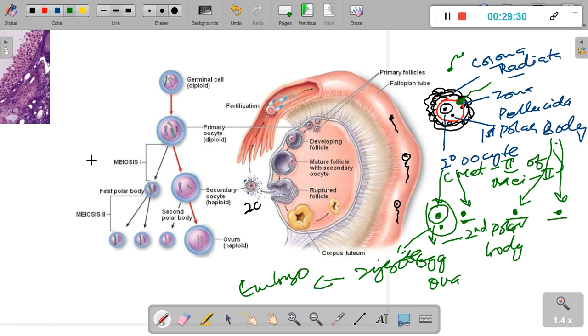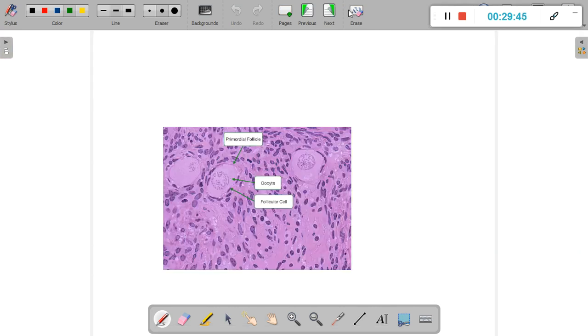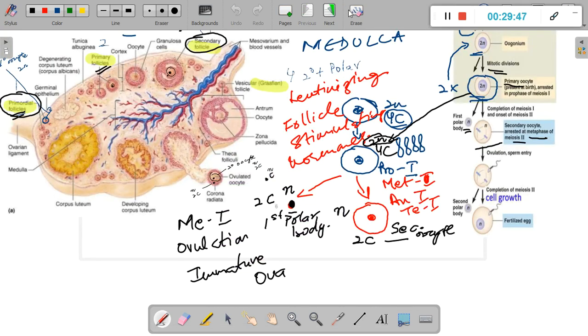Now you might ask, what is the point in making three polar bodies? The point is to get rid of that excess amount of DNA. You remember, let us go back and look at the diagram. We started off with the primary oocyte, which was diploid and had double the amount of DNA. It was diploid and we had 4 chromosomes.